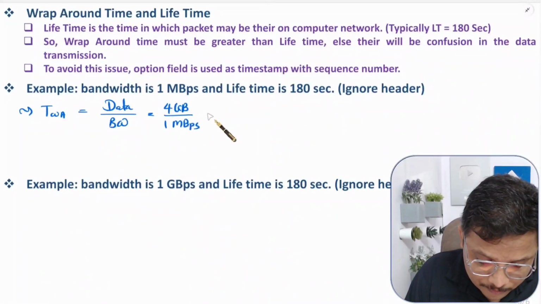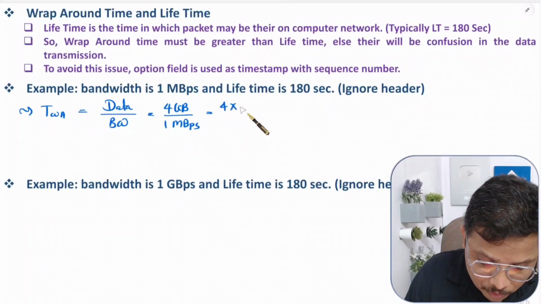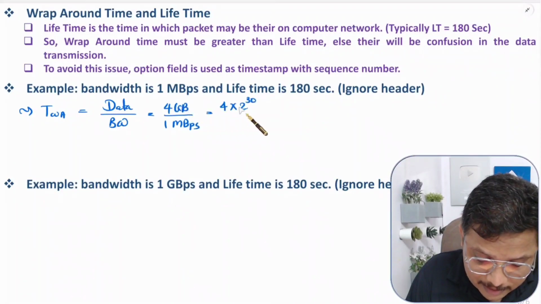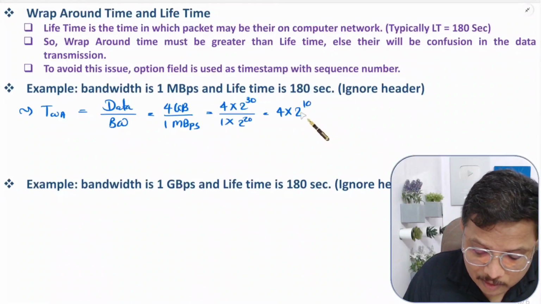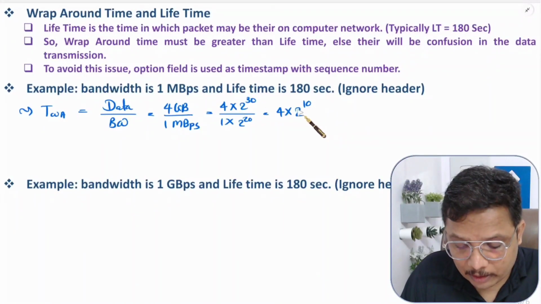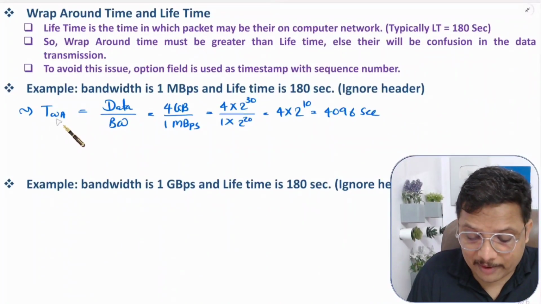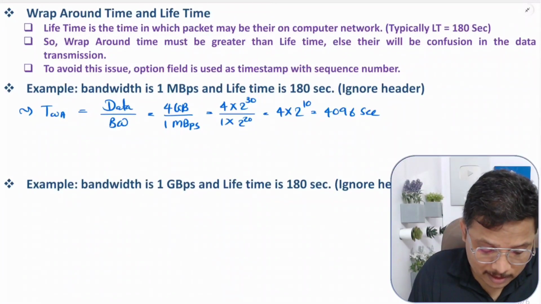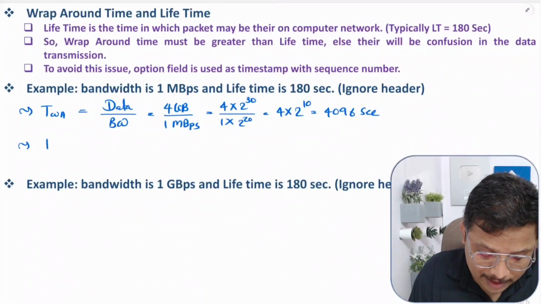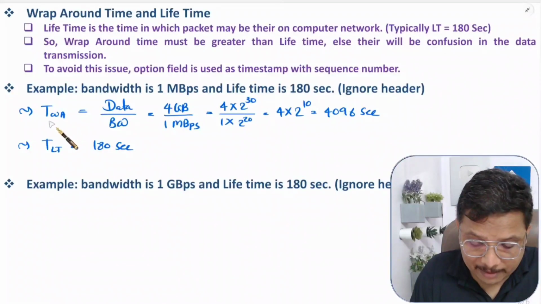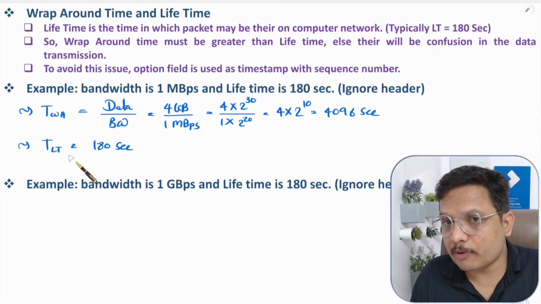So 4 into 2 to the power 30, since G means 2 to the power 30, divided by 1 into 2 to the power 20, since M means 2 to the power 20. So you can say 4 into 2 to the power 10. 2 to the power 10 is 1024, into 4, that will be 4096 seconds. So the wraparound time is 4096 seconds. If you observe the lifetime, it is given as 180 seconds. So the wraparound time is way greater than the lifetime.